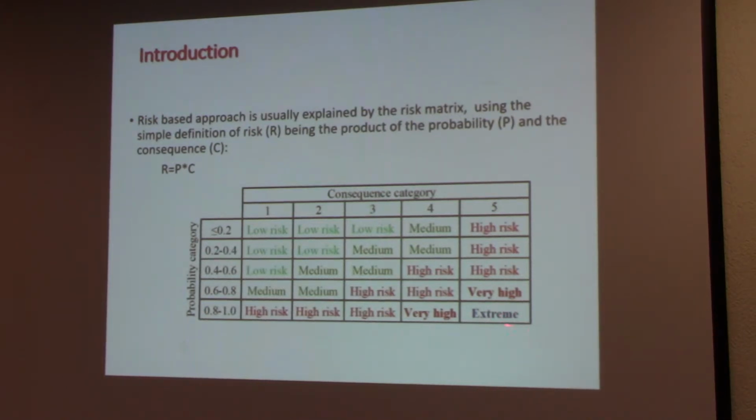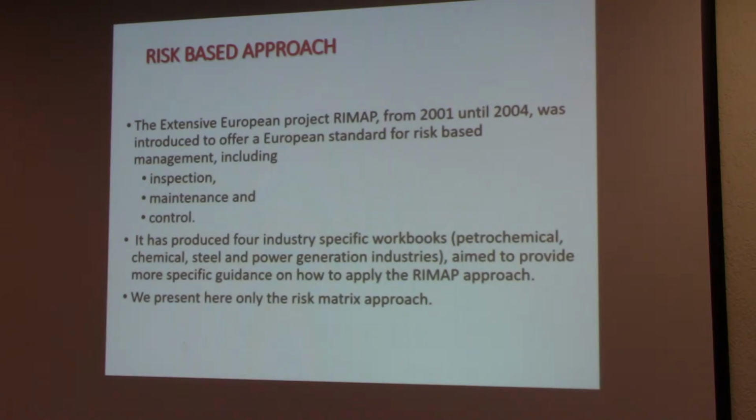So this extreme field in the risk matrix is about the highest possible consequence and the highest possible probability. Of course, it's very simple, but then again, it's not so straightforward what the probability is and what the consequence is. I will try to now explain a few more details.